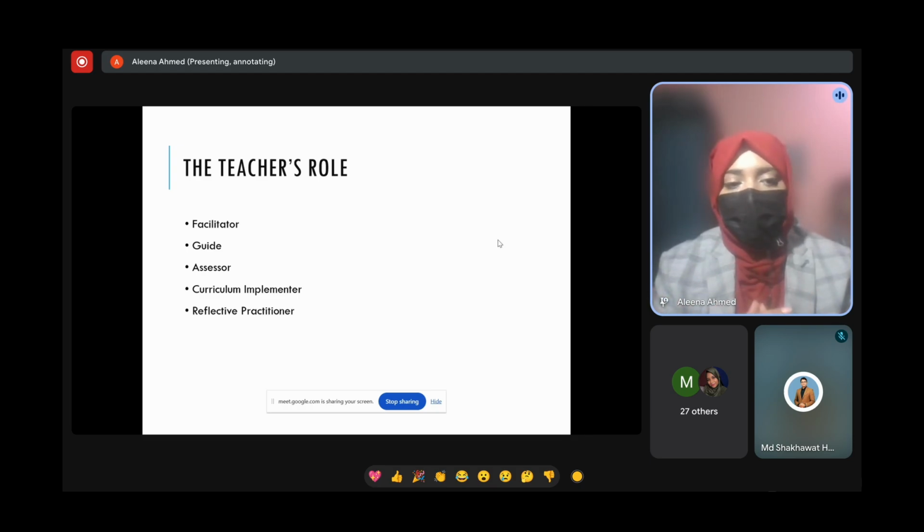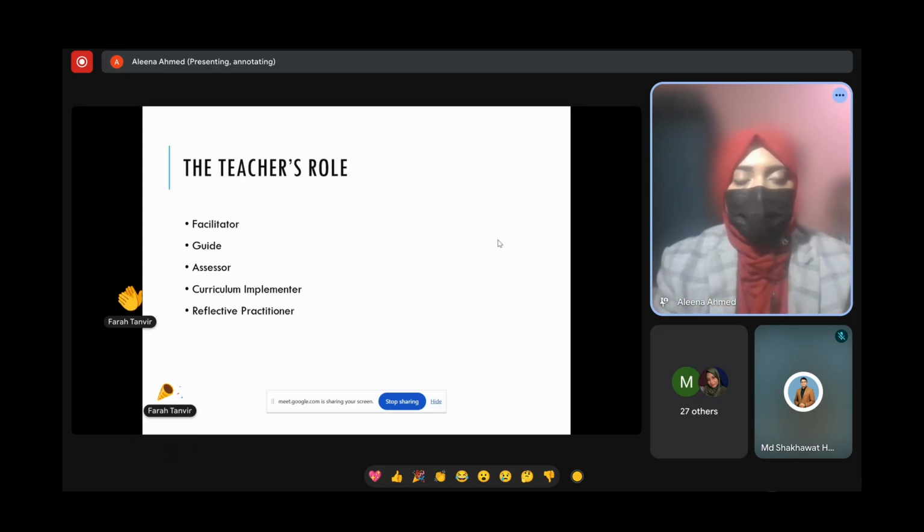So he or she can assess their learners during the class as an assessor. Curriculum implementer, whatever the curriculum is, he must know how to adapt according to the learner's need, and how to adapt according to the time, how to adapt and adopt both. So how to adapt and adopt that curriculum. So he should be the one who can implement the curriculum in the most effective way.